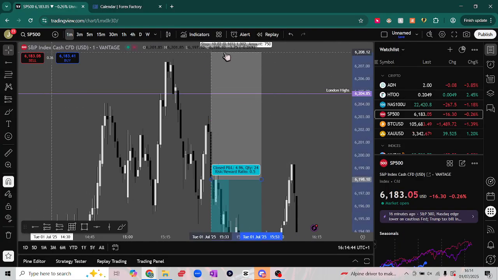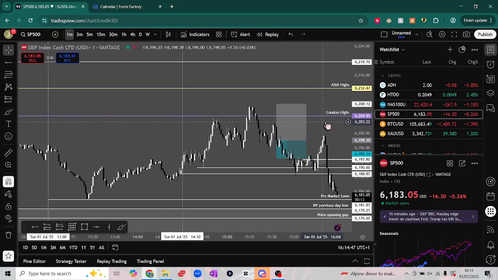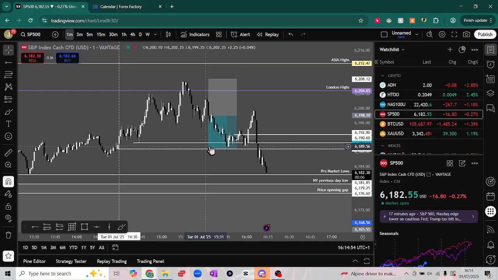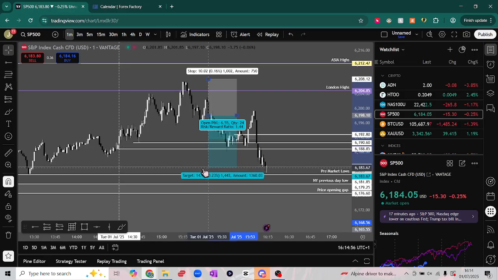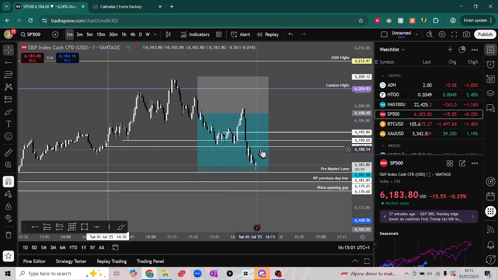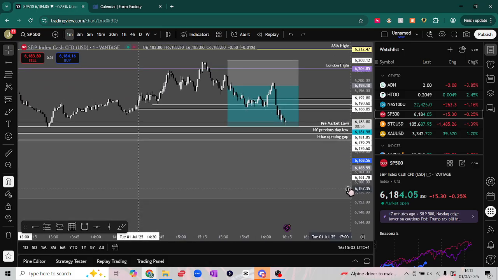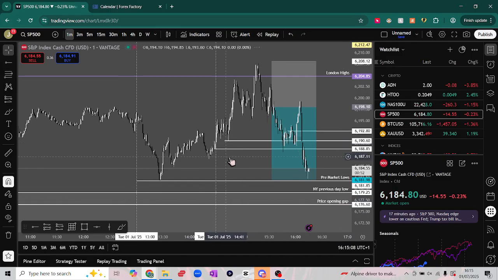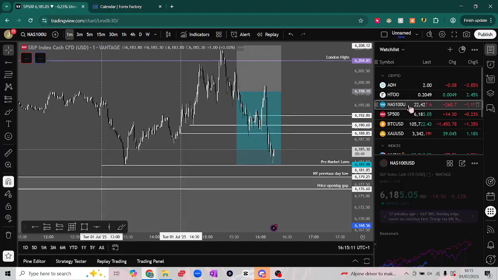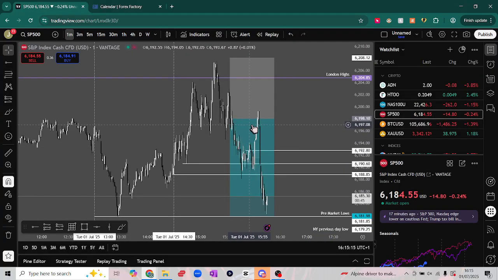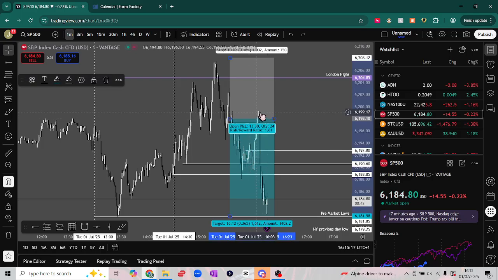And if you imagine, I'll stop up here. It's not the best RR. So even at the New York opening lows is only less than a 1 to 1. Okay, it's a bit better at pre-market lows, which is just about to get tapped, at 1 to 6. But yeah, definitely not worth it. And we're still not taking out these lows. I mean, Nasdaq's far gone now, but hey, I guess that's been it.